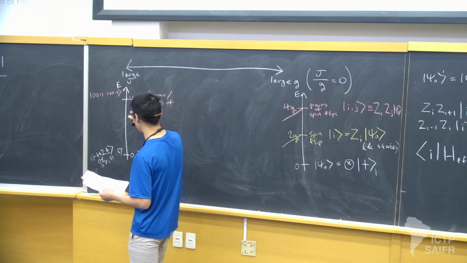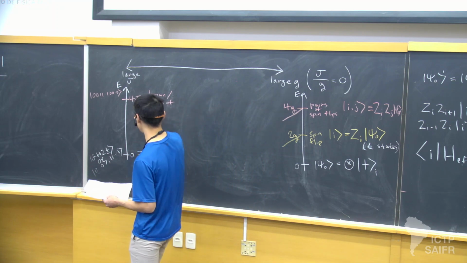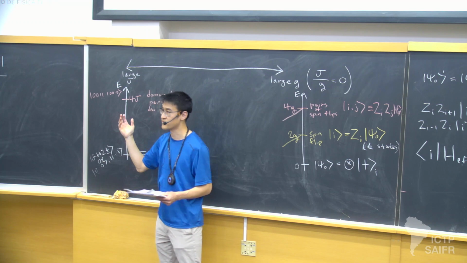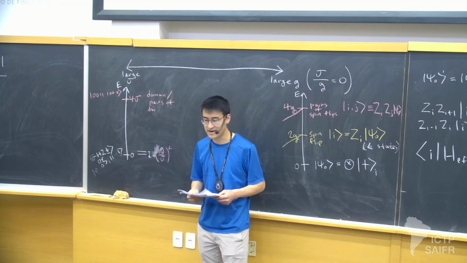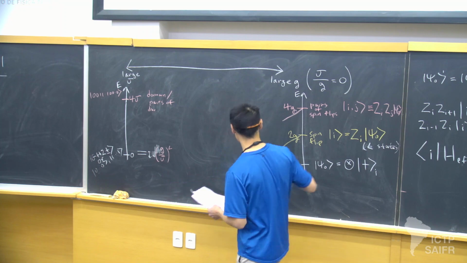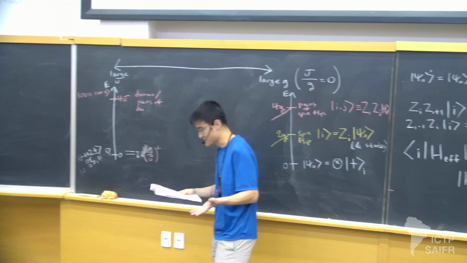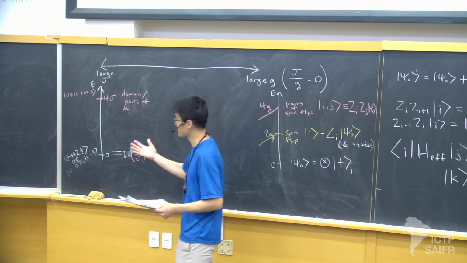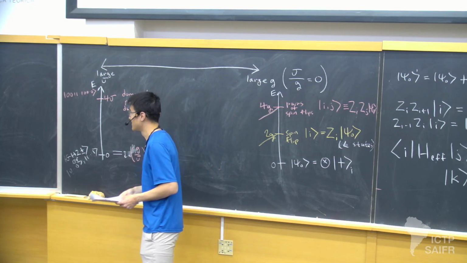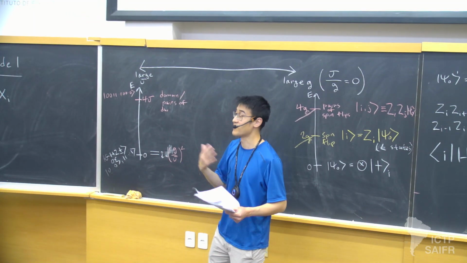Now we want to see what happens to these domain wall excitations. The domain wall is already a little bit more complicated than the paramagnetic side, and so we want to use a trick to understand these excitations better by using a duality mapping.